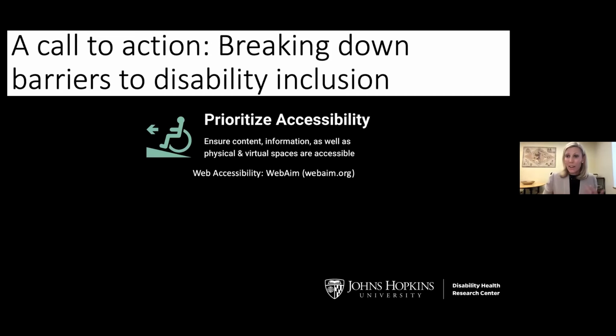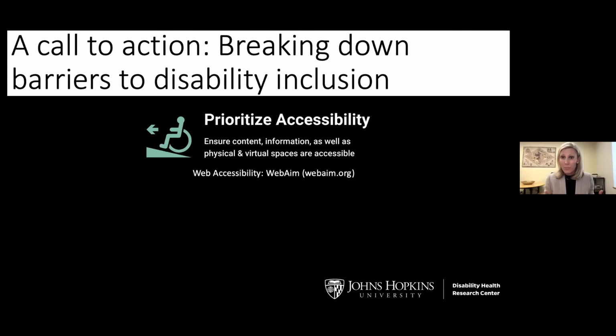That includes online information. There are resources out there to help check for that. For those of you who aren't aware, I'm giving one option, WebAIM, it's just one. And I give this option because WebAIM is a strong partner of the Disability Health Research Center, and they're a fantastic resource. Also consider the physical spaces that you're involved in or around.